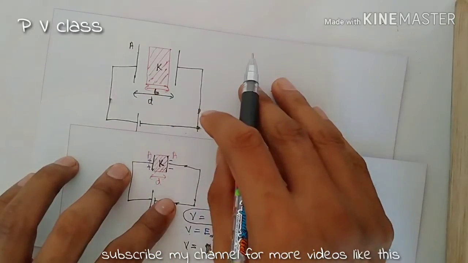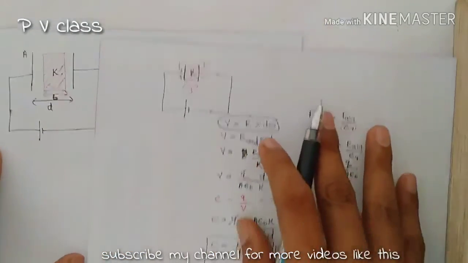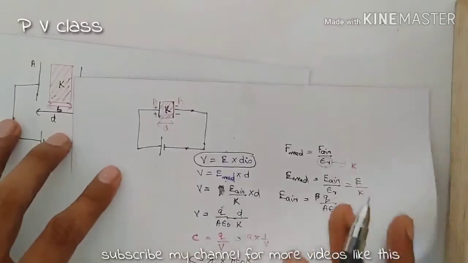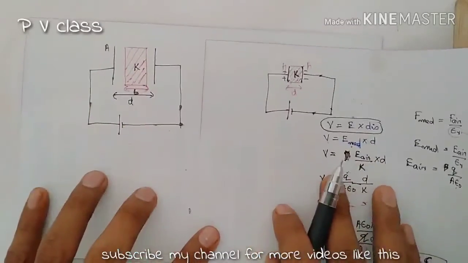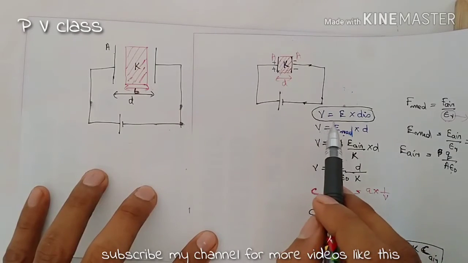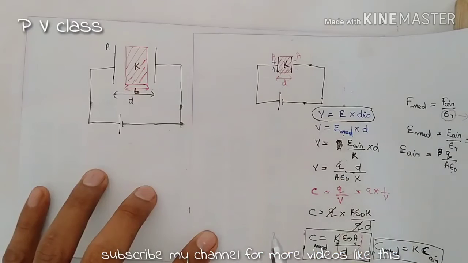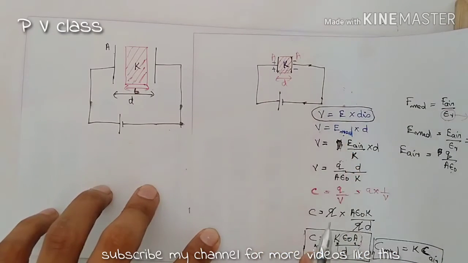Now we have to solve the mathematical simplification of this. For that, let's have the derivation. We will proceed with our derivation just the way we proceeded in the previous derivation. Initially we will find out the potential, then we will find out the capacitance.